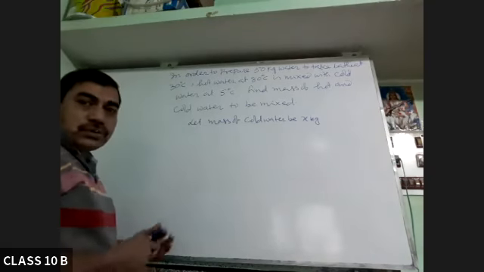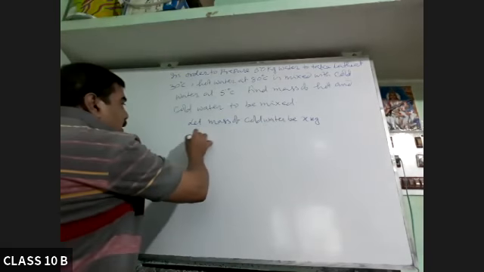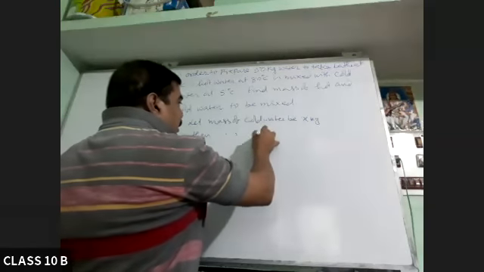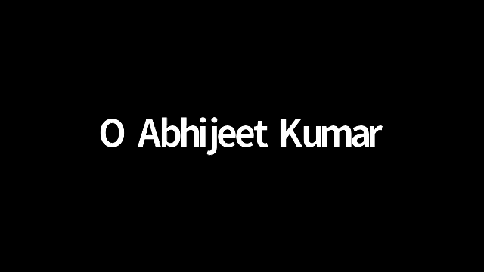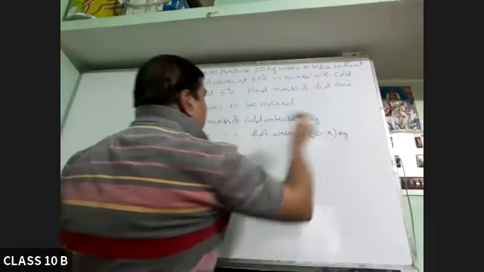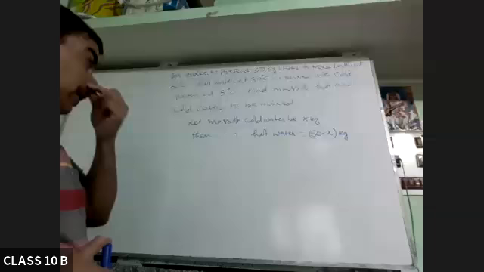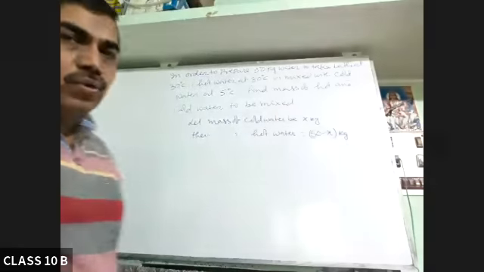Okay. So suppose the mass of cold water is x kg. Then what will be the mass of hot water? It will be 50 minus x kg, because in total we have to prepare 50 kg. So x is cold water, then 50 minus x will be hot water.